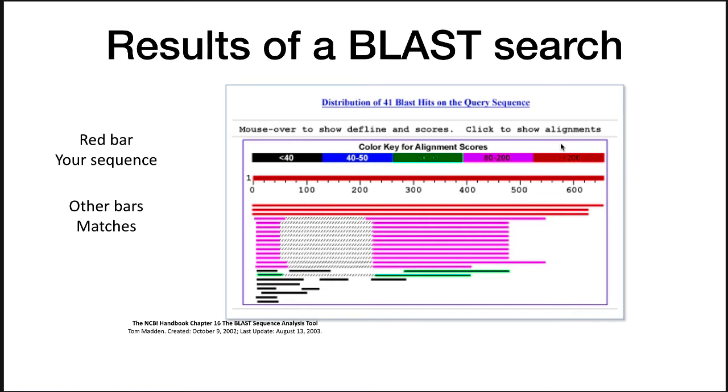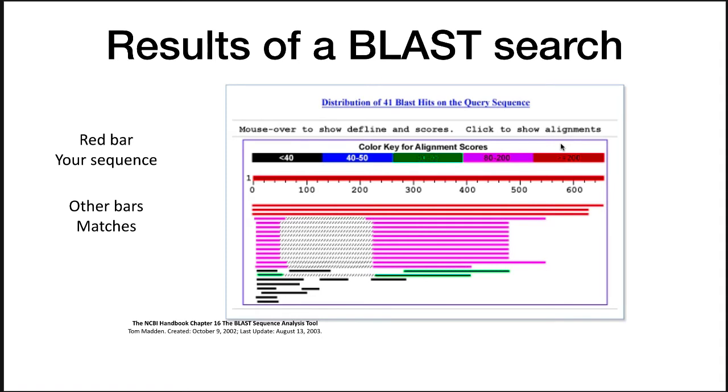This high homology indicates that this protein may have the same function. And this is, for the most part, true. If a protein sequence has a high homology to another protein sequence and the function of that second protein sequence is known, there's a very good probability that your putative sequence performs the same function.